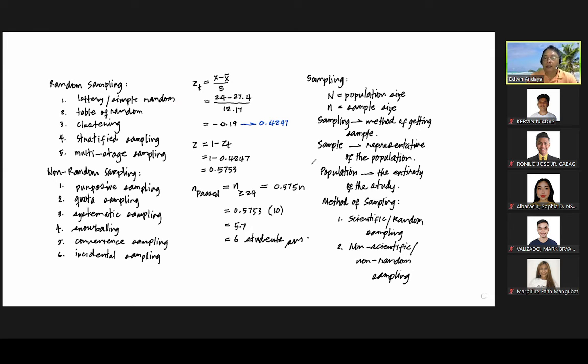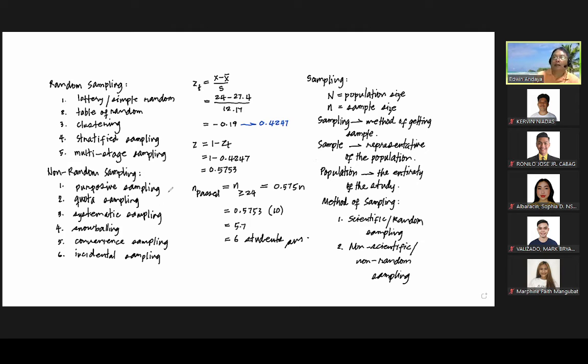Okay. There are two methods of sampling, the random sampling and non-random sampling. Random, if all the members in the population have the chance or opportunity to be selected as a sample. An example of that, very common, is lottery, drawn by lot.